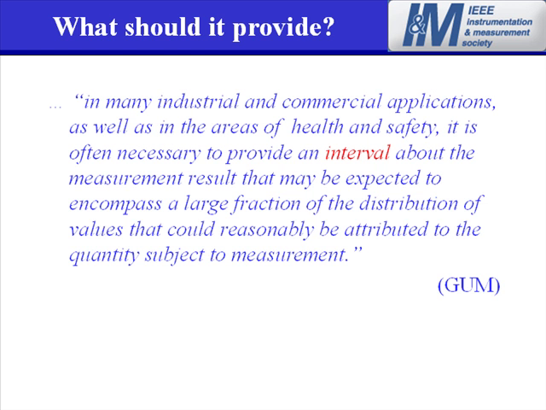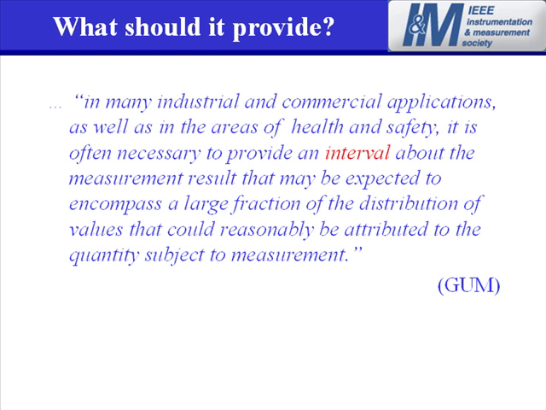So we need an interval. Again, the definition of this interval is quite vague. The interval may be expected to encompass a large fraction of values that could reasonably, again, this adverb you see, be attributed to the measurement.